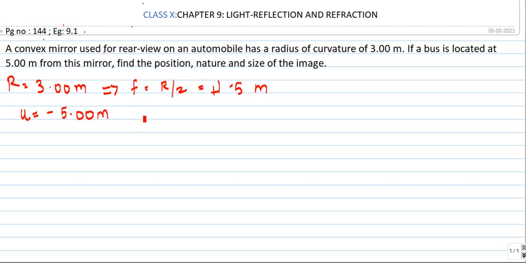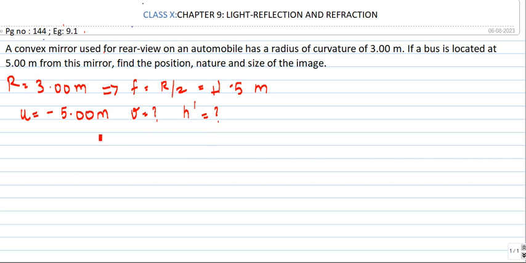Now what should we be finding? We should be finding the position of the image v, nature and size of the image, for which we should be finding h dash, the height or the size of the image.